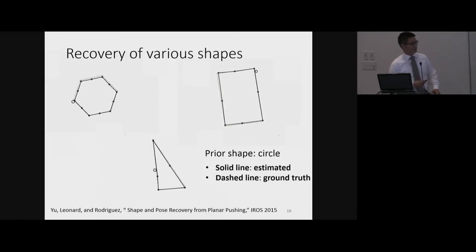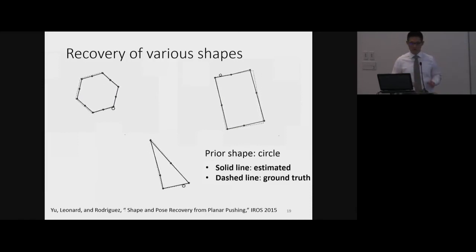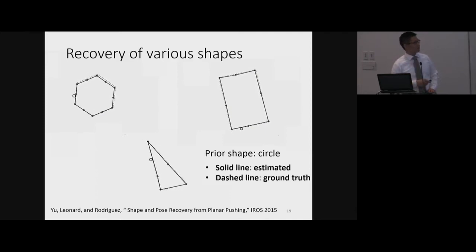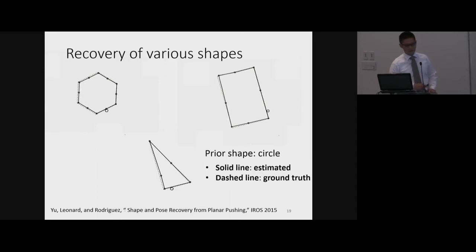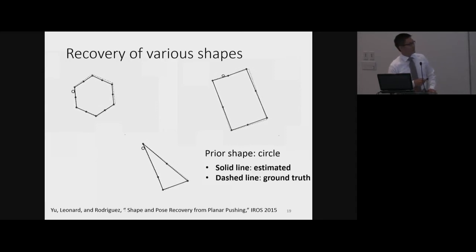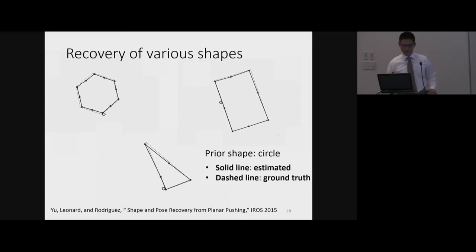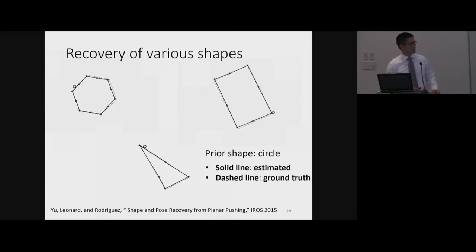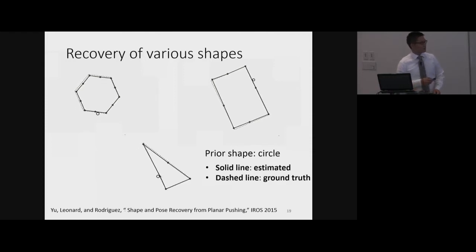We tried various shapes, initialized as a circle, but after the exploration and optimization, we are able to get the shape and poses of the object. Here, the solid line represents the estimation of the shape and pose, and the dashed line is the ground truth of shape and pose.